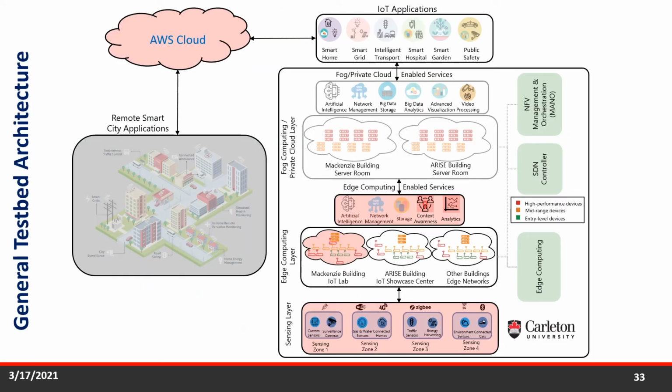In summary, this figure shows the implemented data analytics in our testbed. The data generated at the sensing layer and collected at the edge devices is reduced and analyzed in order to save resources at the fog, network, and cloud layers, while the data is being transmitted from the edge to the AWS cloud.